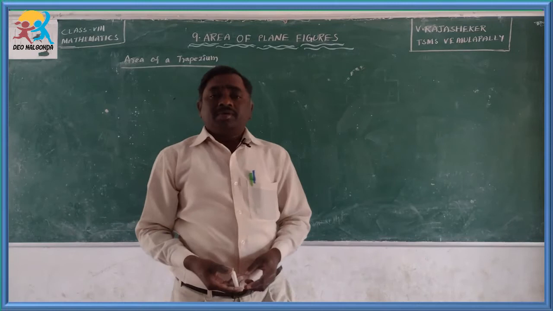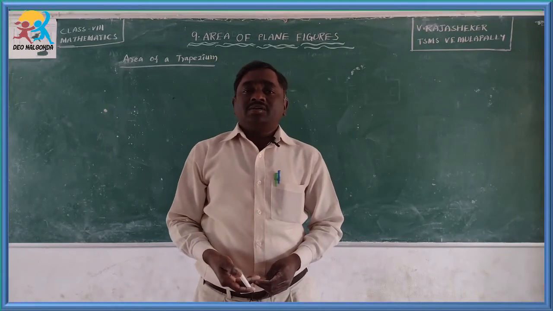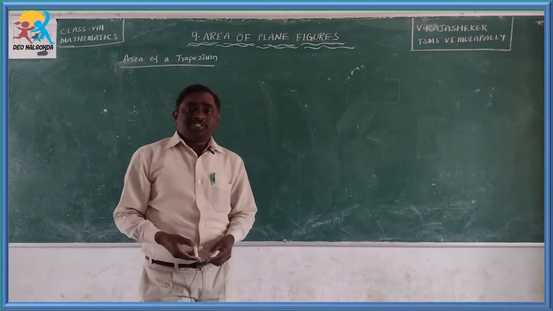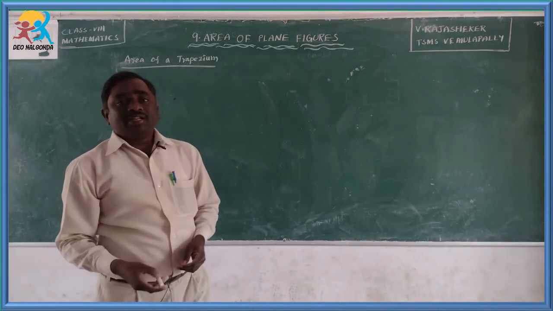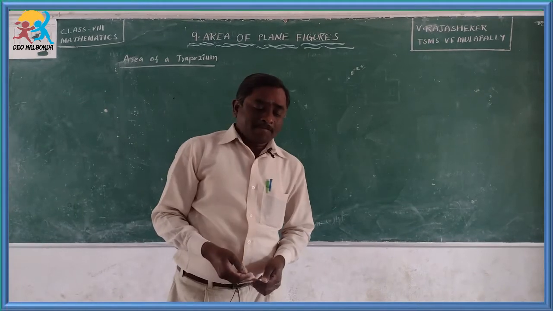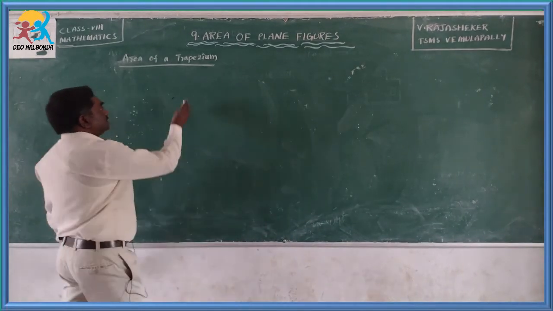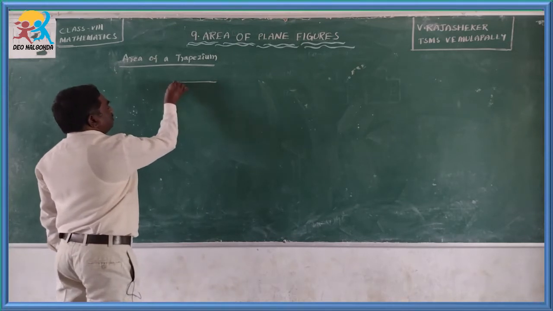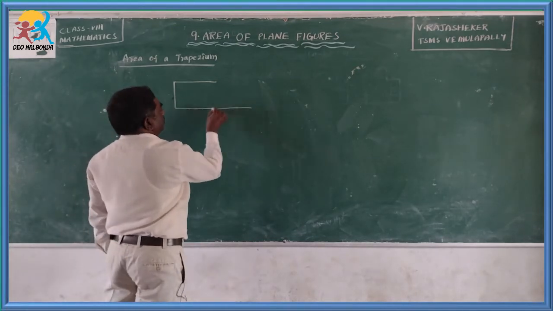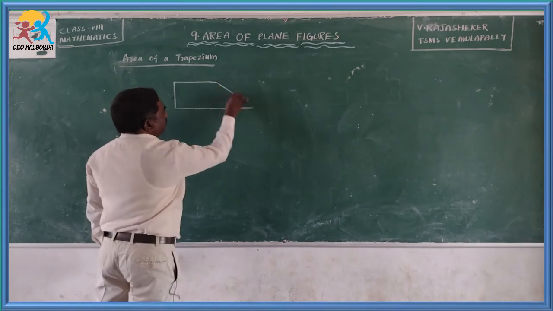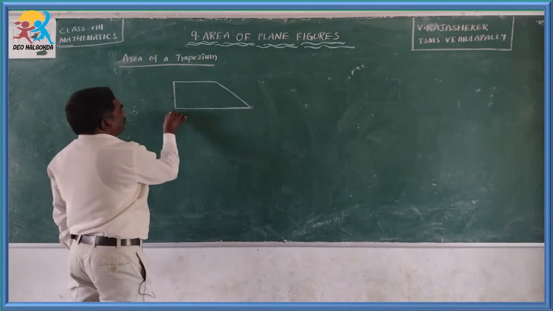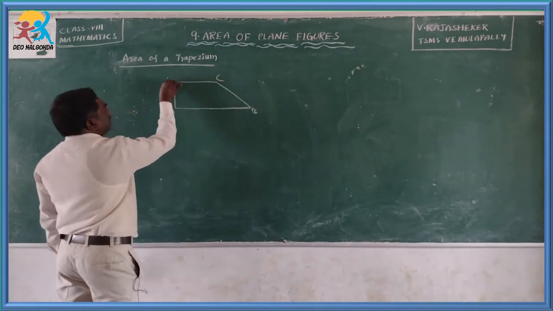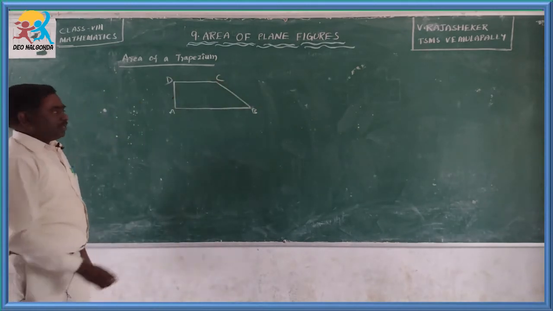A trapezium is a quadrilateral with one pair of parallel sides. So let us consider ABCD is a trapezium.